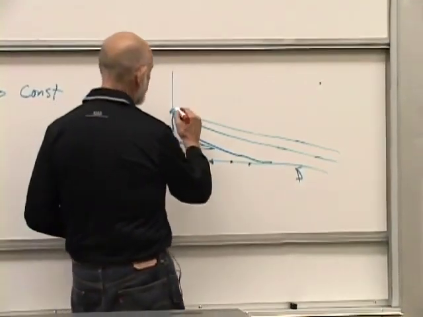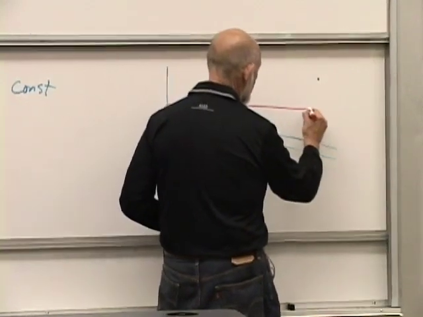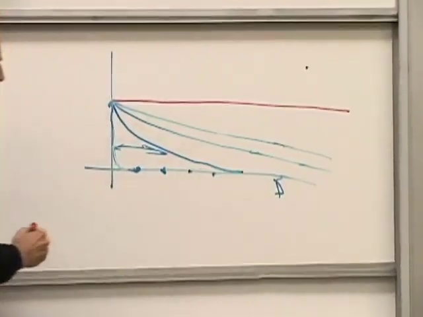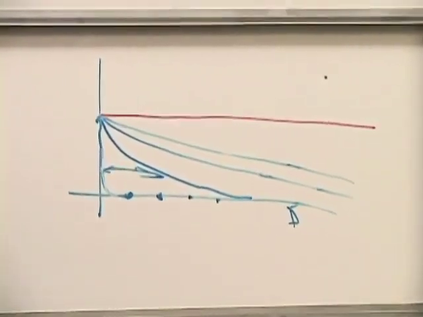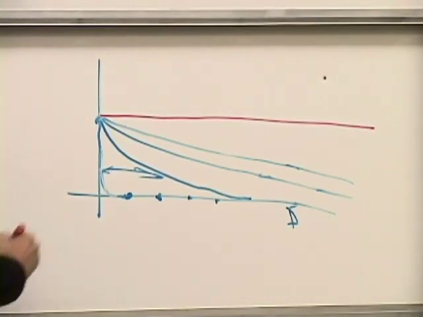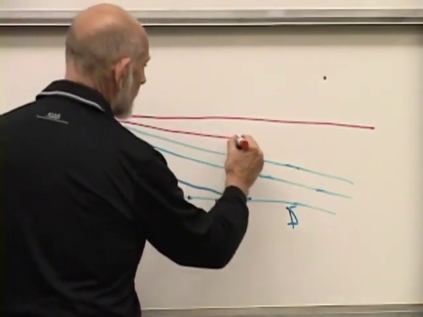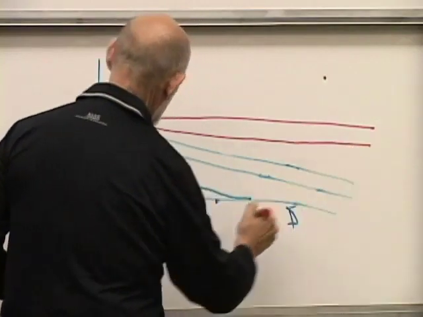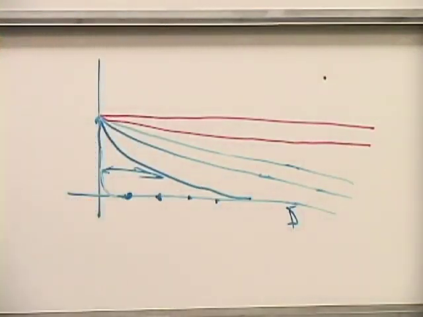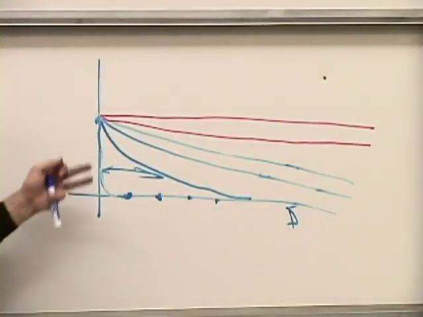But now, here's temperature 0. What happens at a little bit higher temperature? You're still in the magnetized phase, and you still go to a constant out here, but a little bit less constant. Things are not rigidly held in place as well.